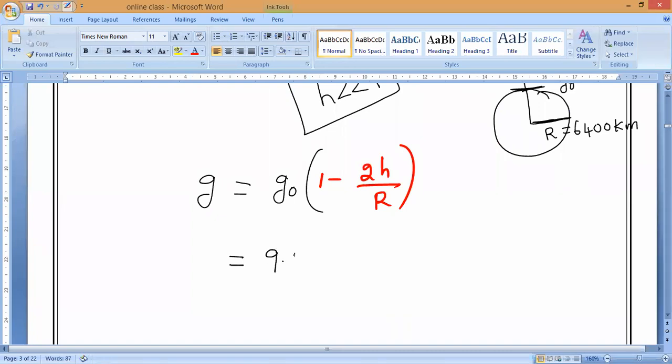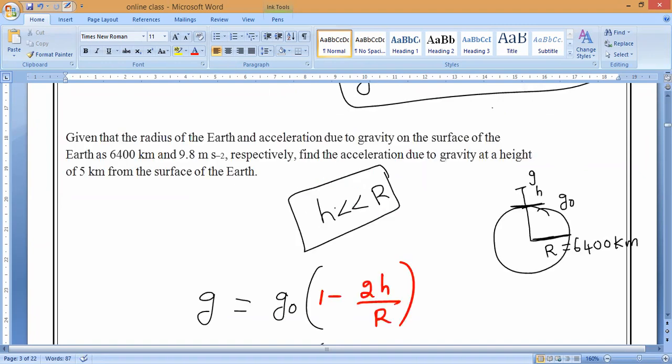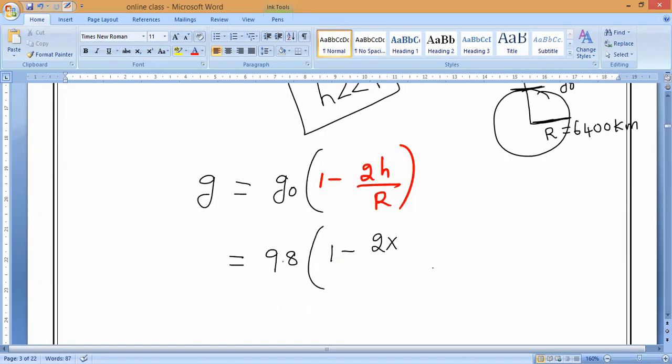G naught value is 9.8, into 1 minus 2 into H. What is H in the question? You can see, the height of 5 kilometers from the surface of the earth. So H is equal to 5 kilometers. Understand? 5 kilometers divided by the R value, 6,400.